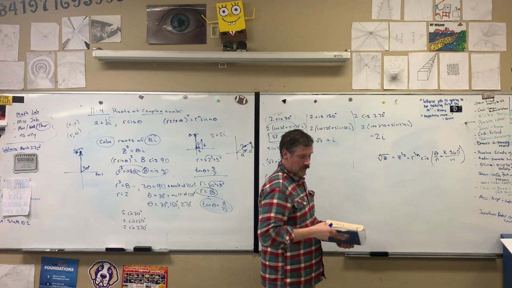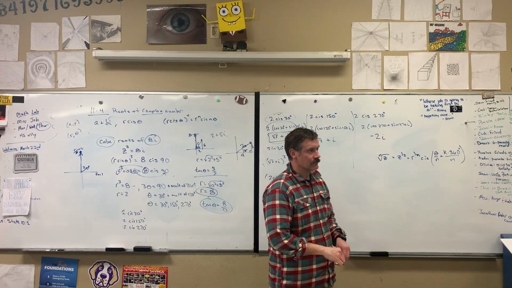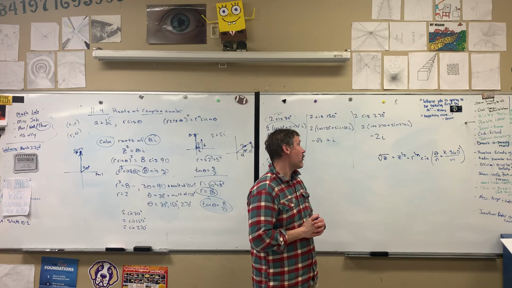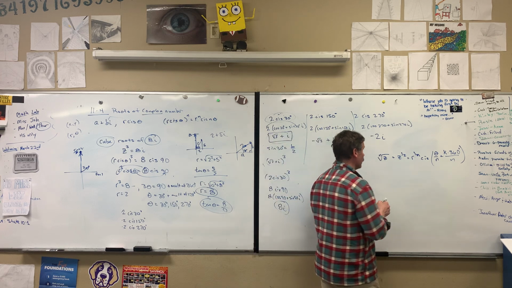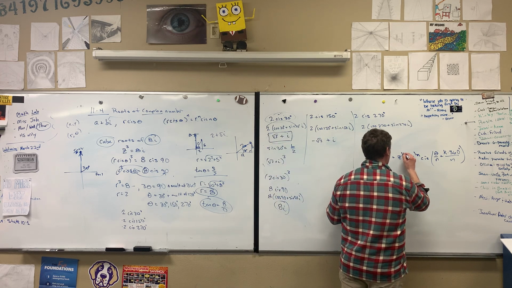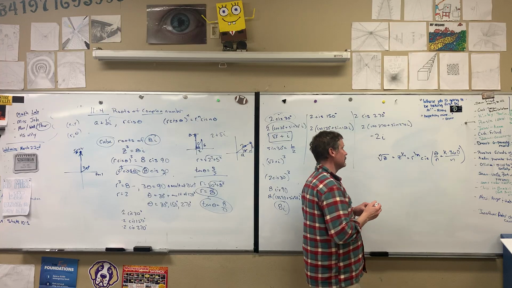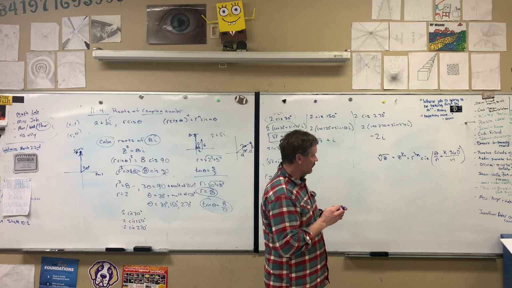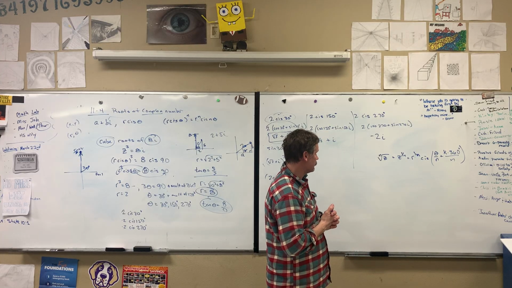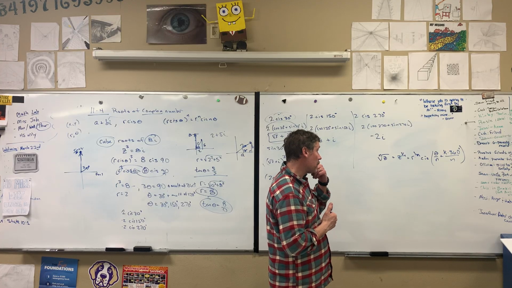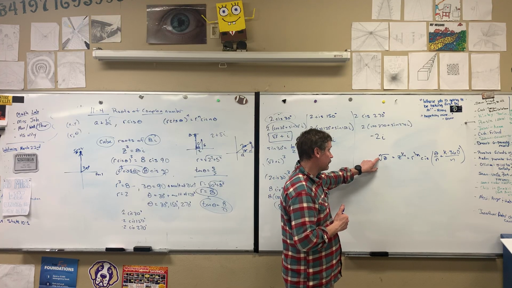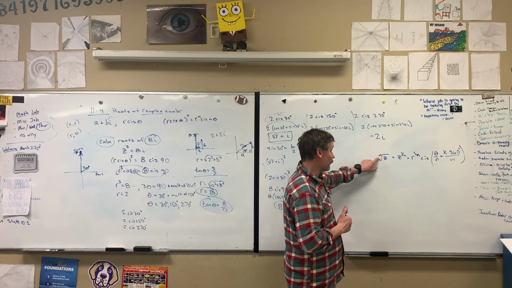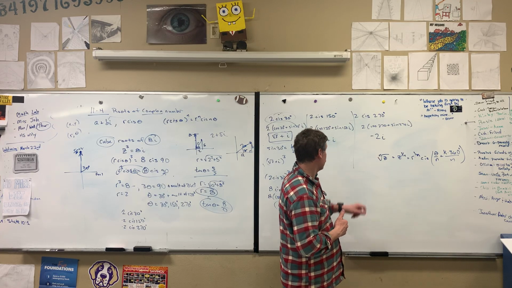So it's like, whoa, what is this? It's exactly what we just did. This is z to the 1 over n. All this is saying is the cube roots of z, where z, if it's in polar form, is r cis theta.